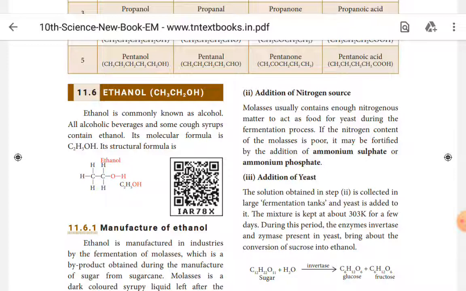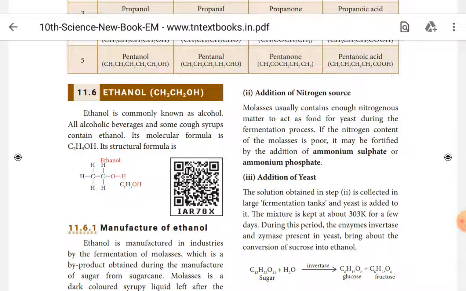So now the complex organic molecule of sugar molasses is converted into simpler substances like glucose and fructose by the action of the enzyme invertase. Sometimes you will be asked, name the enzyme which converts sugar molasses into glucose and fructose.